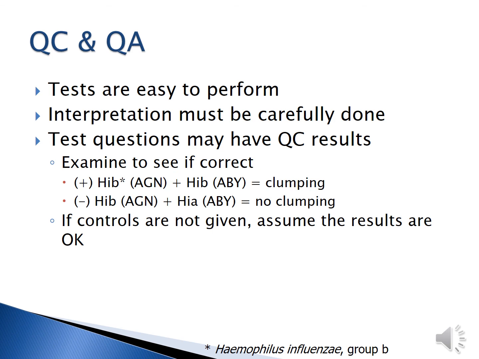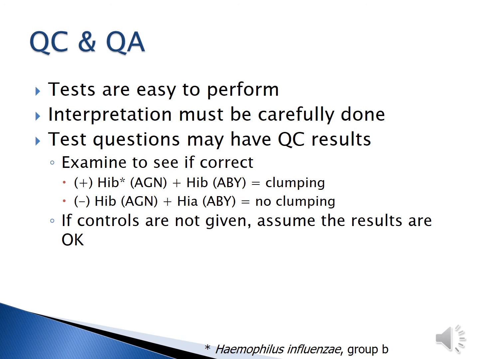So these tests are quite easily performed. Remember, the interpretation must be carefully perceived, definitely because of agglutination inhibition, a positive result is a negative agglutination. So that's something you want to be careful with.